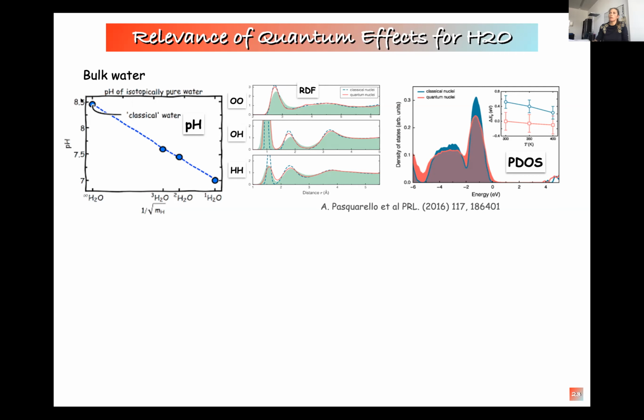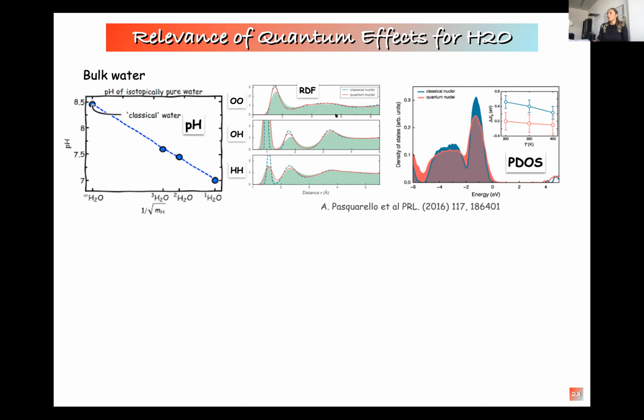In fact, if we considered a purely classical water, this would correspond to a very high pH, which is not consistent with reality, and that would actually be poisoning water.